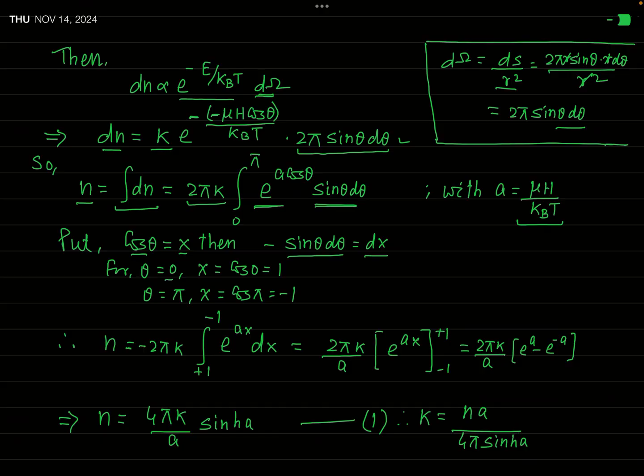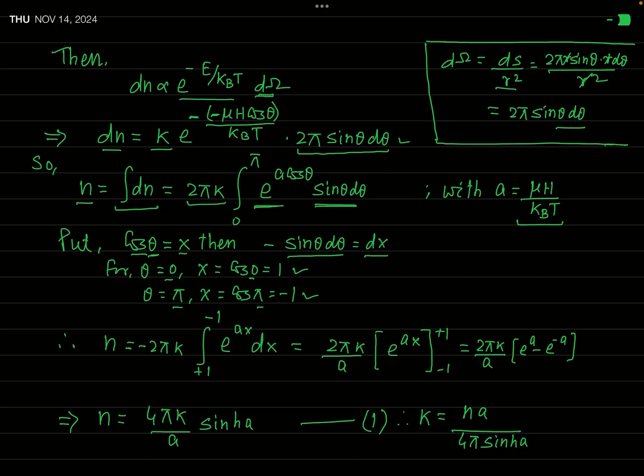When theta is 0, what will be x? x will be cos 0, and that will be 1. And when theta is pi, x will be cos pi, which is minus 1. Okay.